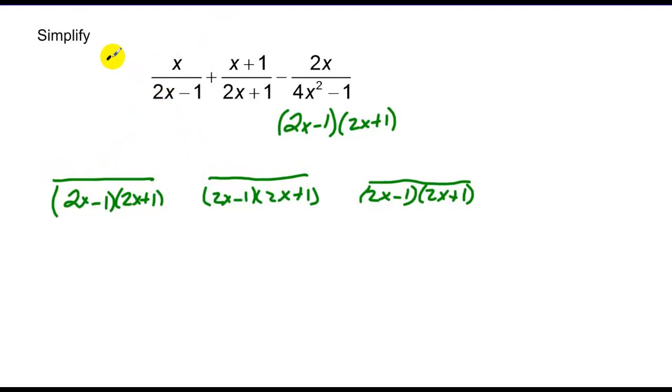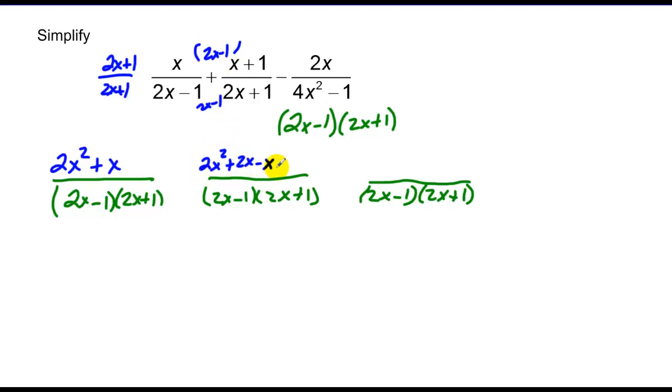So in this case, 2x plus 1 yields a 2x squared plus x. In this case, it's a 2x minus 1. Going to need to FOIL that. So that's 2x squared plus 2x minus x minus 1.